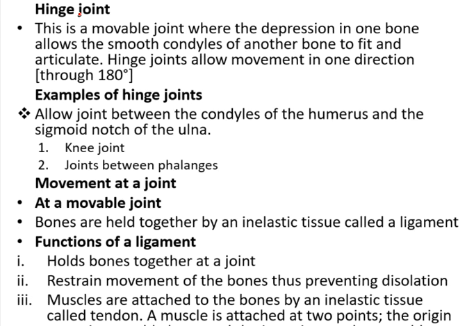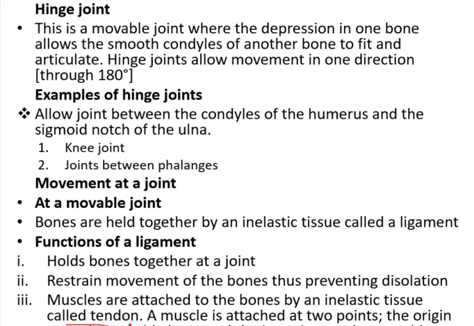Movement at a joint: at a movable joint, bones are held together by an inelastic tissue called ligament. The functions of a ligament: they hold bones together at a joint, and they restrain movement of the bones, thus preventing dislocation. And the muscles are attached to the bones by inelastic tissue called tendons.